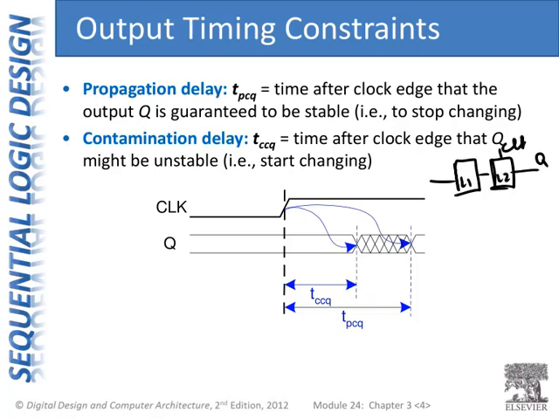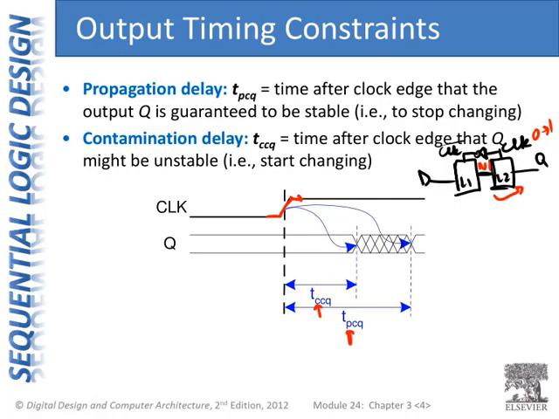We have clock coming into L2 and clock bar going into L1. And so we get a clock edge. Clock goes from 0 to 1. It actually takes some time for N1 to propagate out through to Q and change Q. So that time is the propagation and the contamination delay.